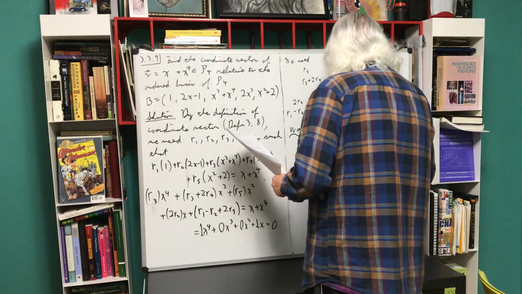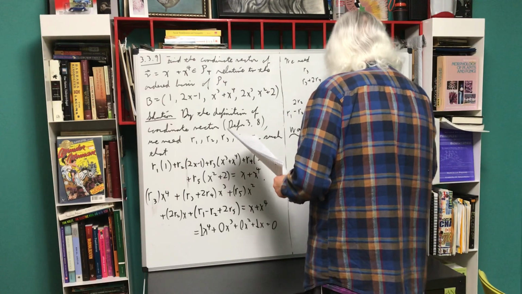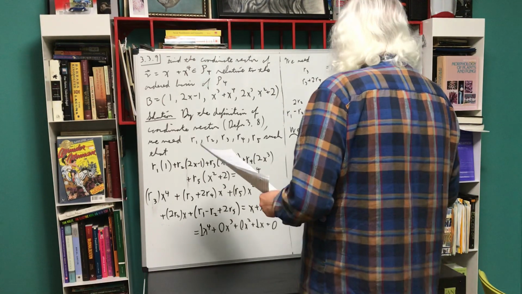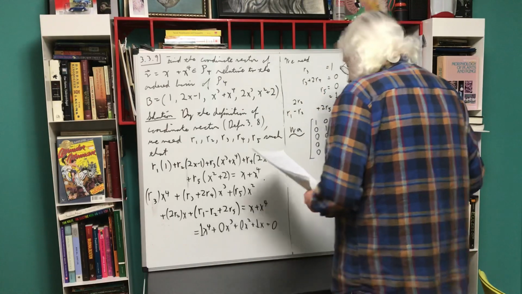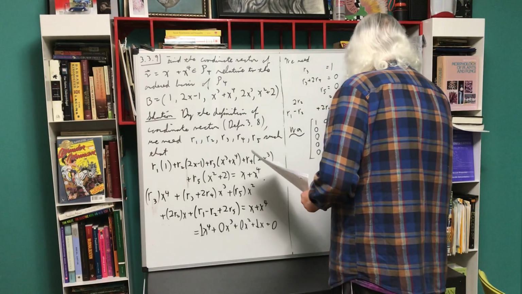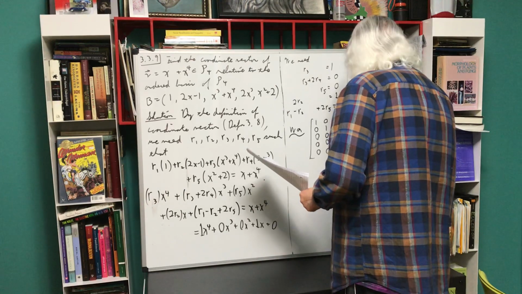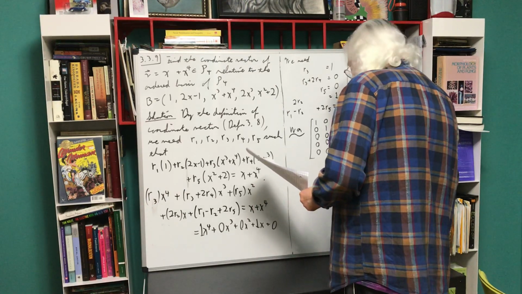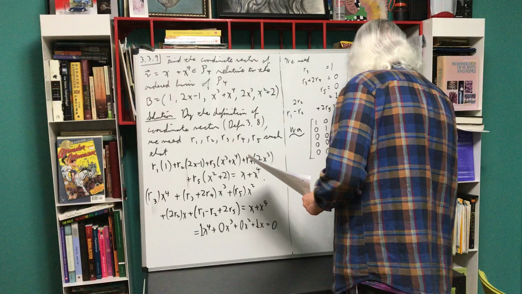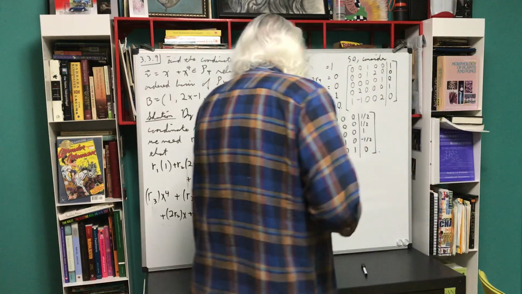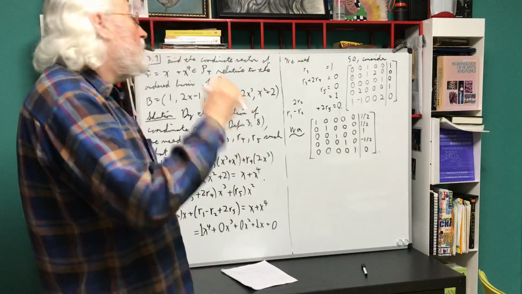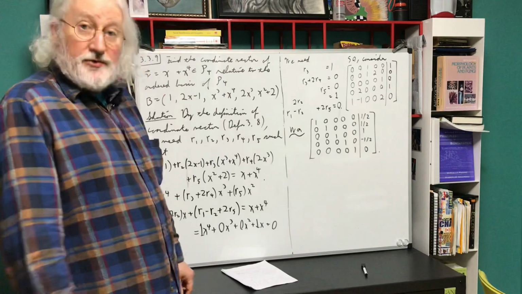They'd have to be. We knew those vectors were linearly independent because we knew we had a basis. Then 1/2, 1/2, 1, negative 1/2, and 0. So Wolfram Alpha gives us that row reduction. There's your R1 through R sub 5. There's your coordinate vector.